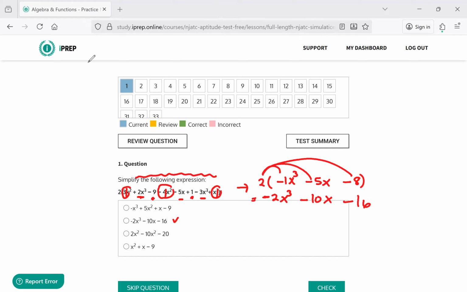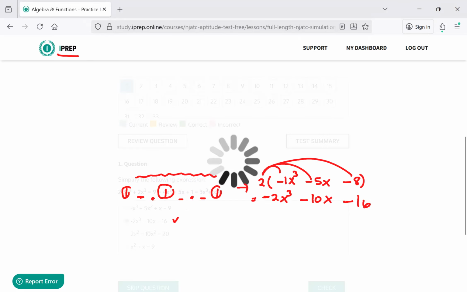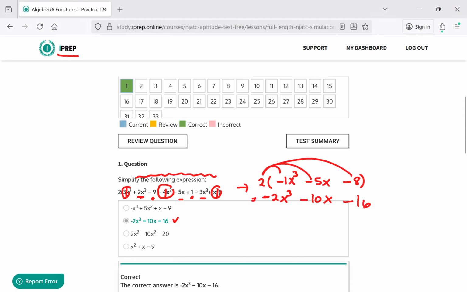I forgot to tell you, I'm using the program iPrep. I don't know if that is of interest, but I can check with this one. It tells you the answer, whether it's correct or not. So it is correct.